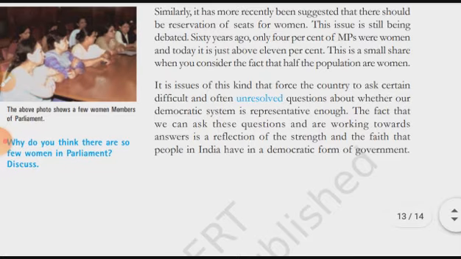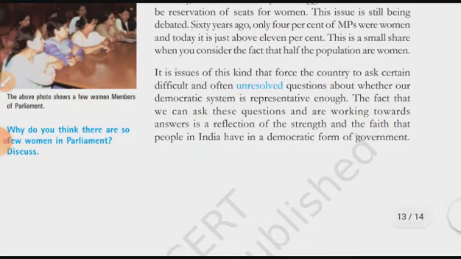It is issues of this kind that force the country to ask certain difficult and often unresolved questions about whether our democratic system is representative enough. These are difficult questions which are being raised in a democratic system.